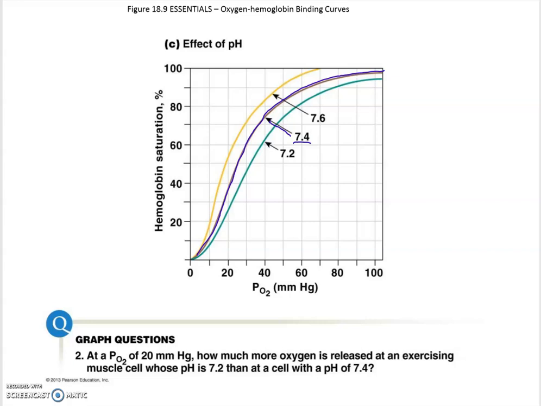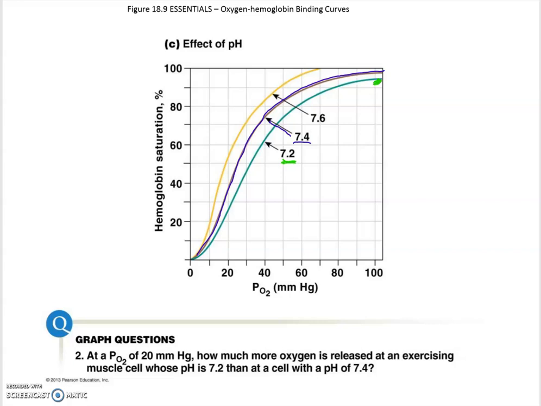Okay, now let's say we have a blood pH of 7.2. Now we're following the green line right here. At a blood pH of 7.2 right here, you can see that in the lungs, where we have 100 millimeters of mercury oxygen partial pressure, we are not loading up to 100% anymore.